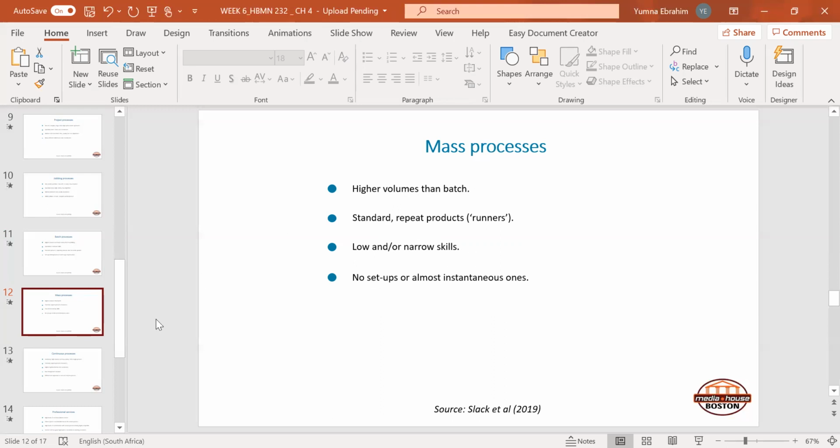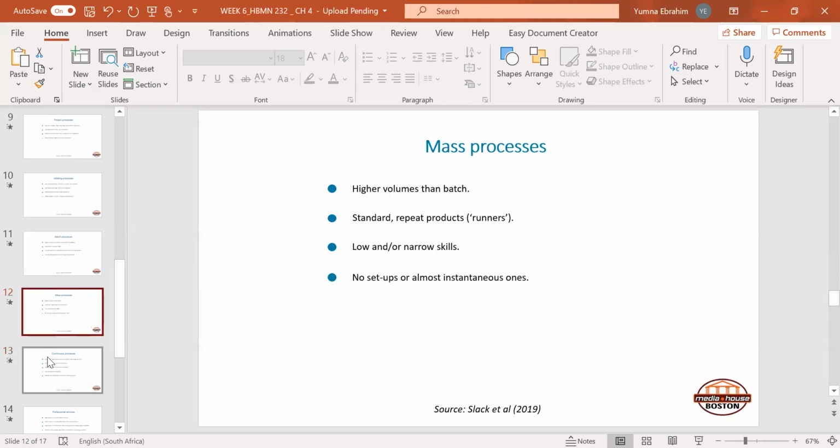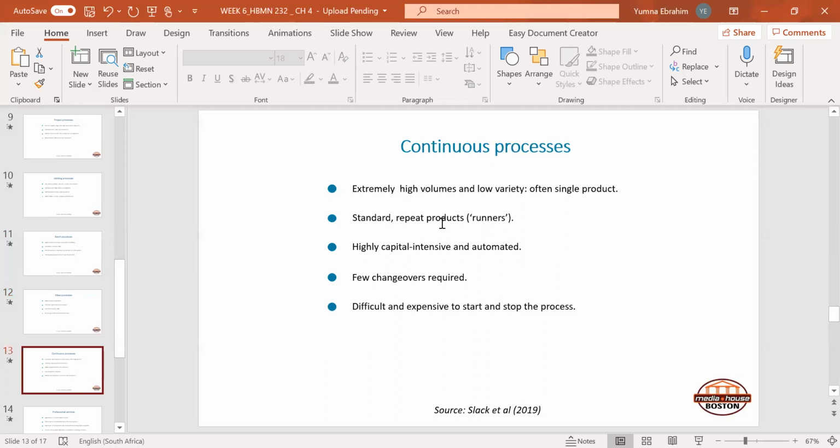The machinery just keeps on running. Now continuous process is slightly different from what we discussed in mass process, in that the process never stops. So one example of a continuous process is an oil refinery. It's very capital intensive, so you have very expensive machinery, and the process keeps on running continuously, and you absolutely don't want to stop and start the process or switch on and off the machines.